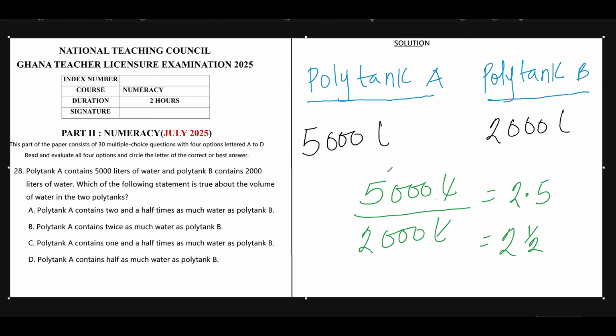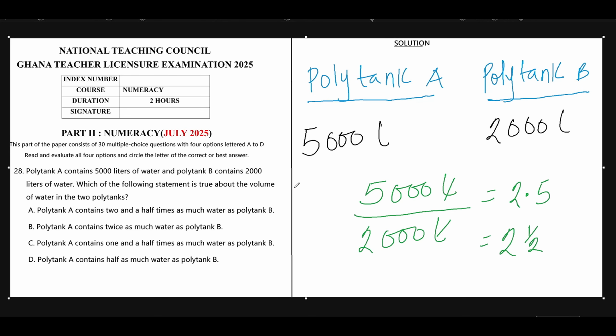So it means that the volume of polytank A is 2.5 times the volume of water in polytank B. The volume of water in polytank A is 2.5 times the volume of water in polytank B.